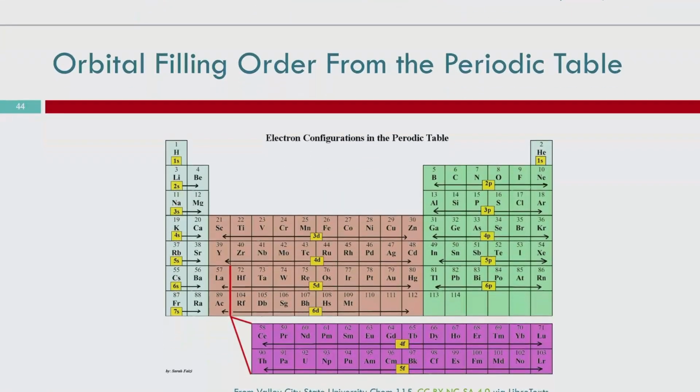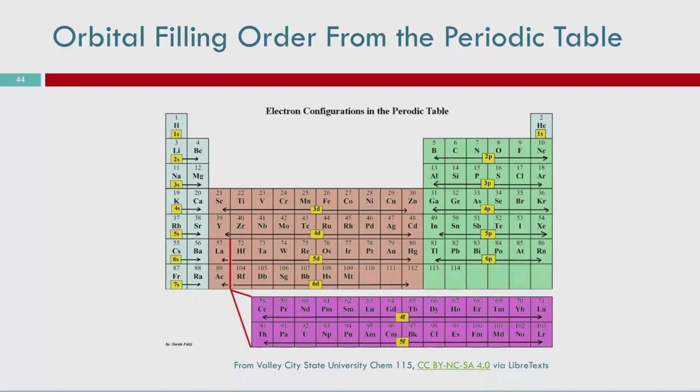We can also get it from the periodic table, and this is the cooler one. So the periodic table is actually set up with blocks that correspond to each of the subshells. So all the way over here on the left, in our light blue, this is our s block.